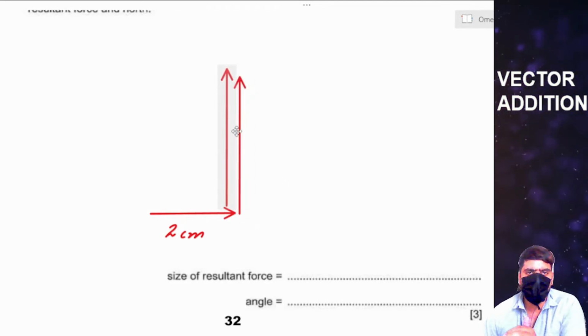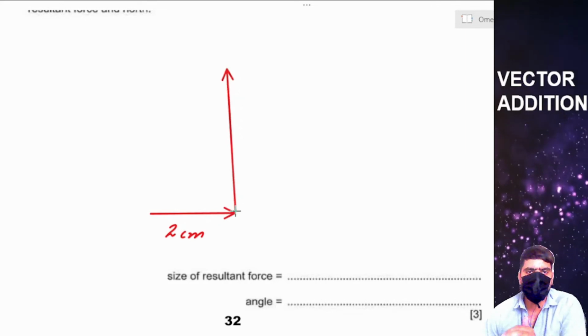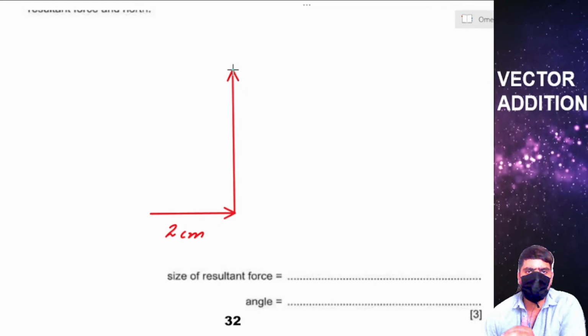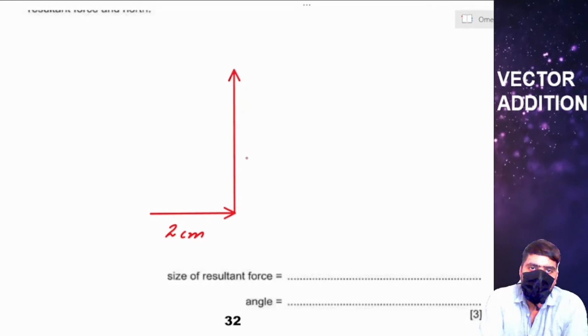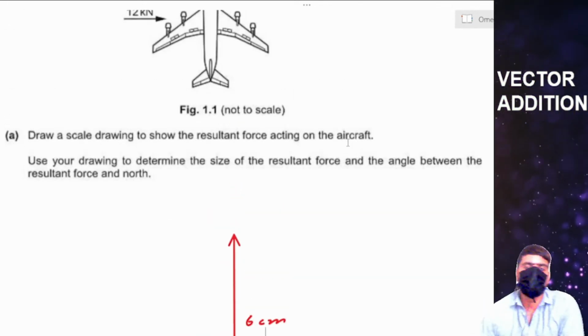But for you guys, you're doing it with the scale, so you don't have any problem. Use the ruler, draw a line that is exactly 6 centimeters in length. So this one is representing 6 centimeters.